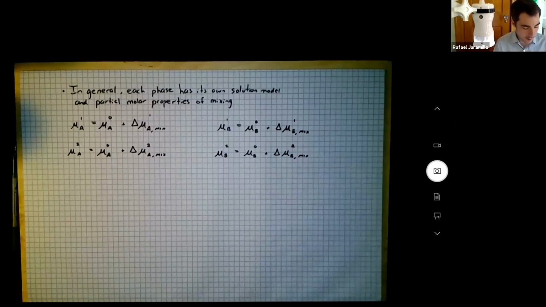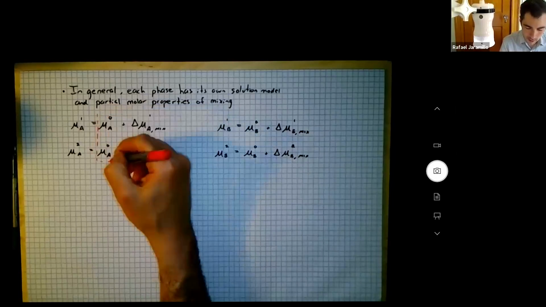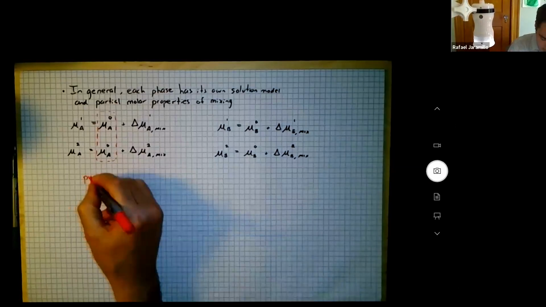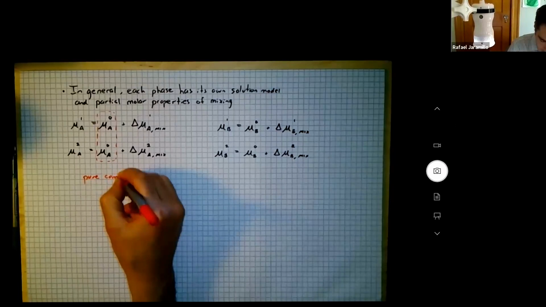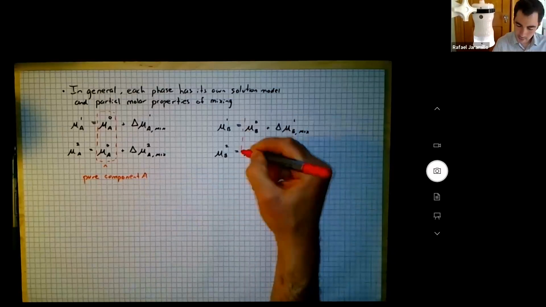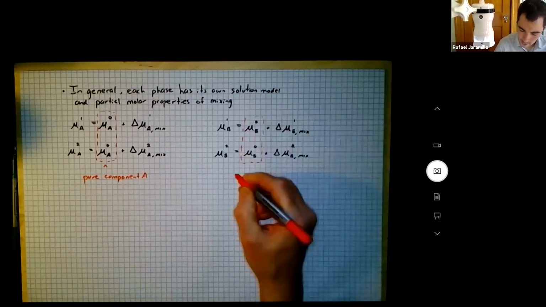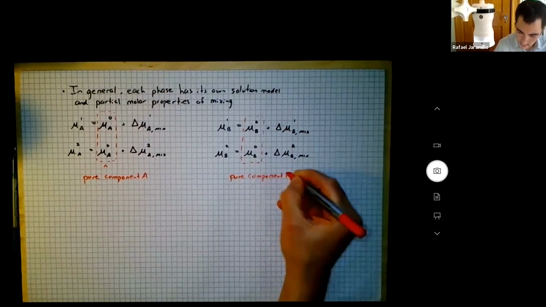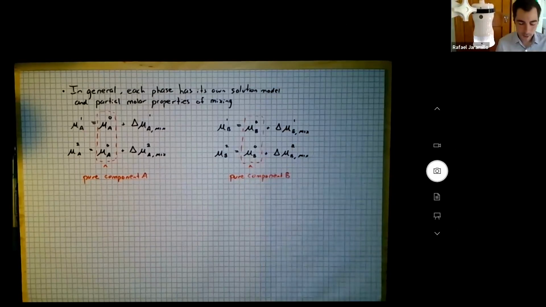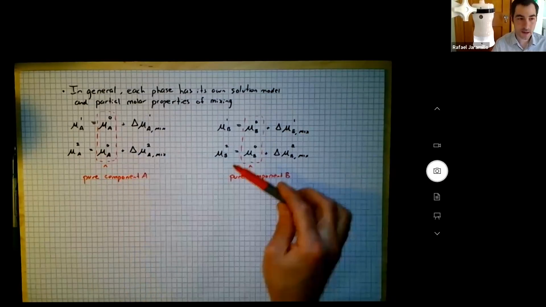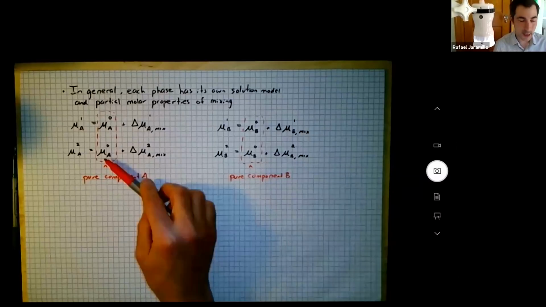Why did I write it in this way? I wrote it this way because we see that these pure components, pure component A and pure component B, those terms are the same in this equation as in this equation.